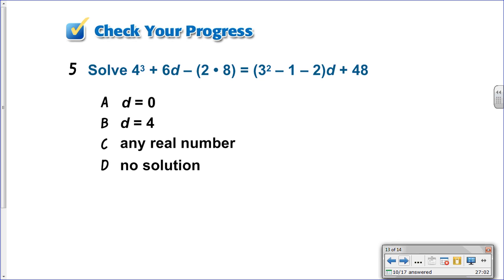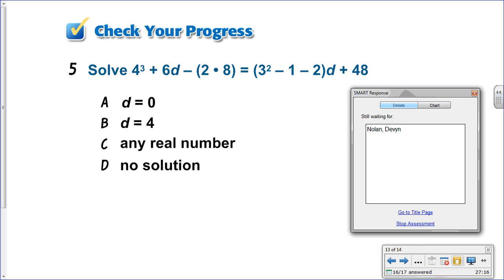What's going to be the answer here? C. Put it in your clicker real quick, please. That way I can give you credit for that. Not paying attention. Good. What's the answer? Answer is D.